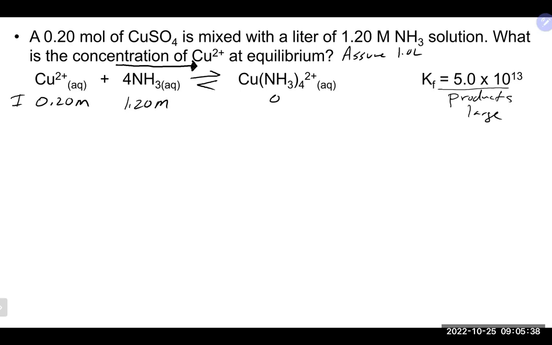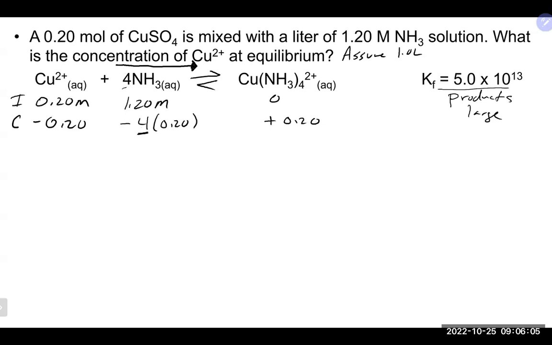So what that means is when we get to the change part, we actually know what the change is going to be. It is going to be the concentration, in this case, of the copper, which is the metal. This would be then minus 4 times 0.2. And this would be plus 0.2. Why did I do the 4 here?